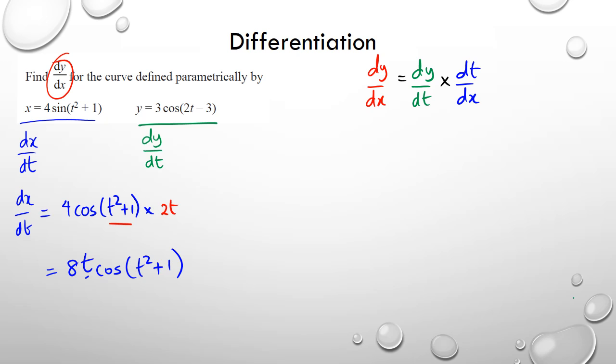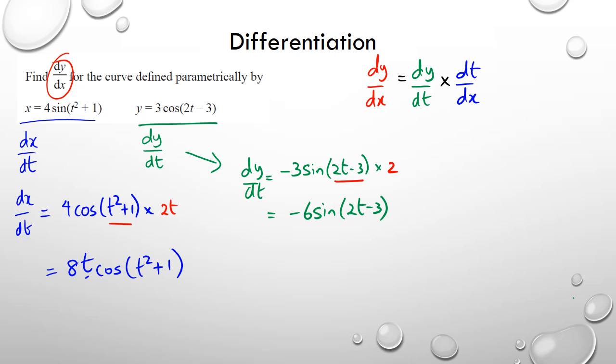Is that all right? And as for dy dt, I can write that as dy dt equals negative 3 sine 2t minus 3 multiplied by the differentiation of whatever's inside the bracket, which is 2. So I can rewrite this as minus 6 sine 2t minus 3. Straightforward? Yeah? Now, I think if you do one of these derivatives correct, you get achieved.